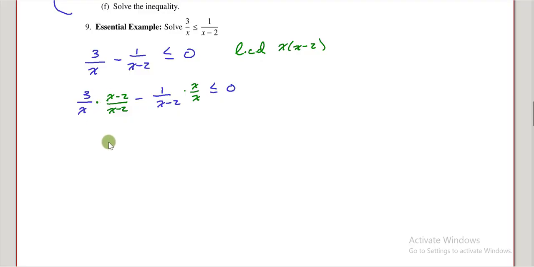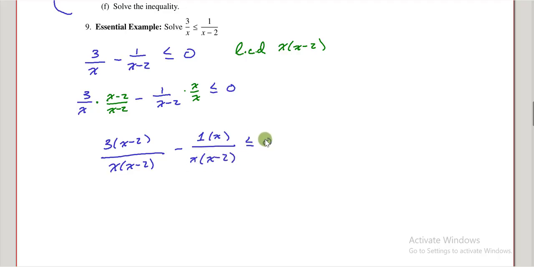So this gives me 3 times the quantity x minus 2, all over the LCD of x times x minus 2, minus just 1 times x, all over x minus 2 times x. Let me write it in the same order, x times x minus 2, and we need this to be less than or equal to 0. So now I can write this as a single fraction, and that's been my goal all along.